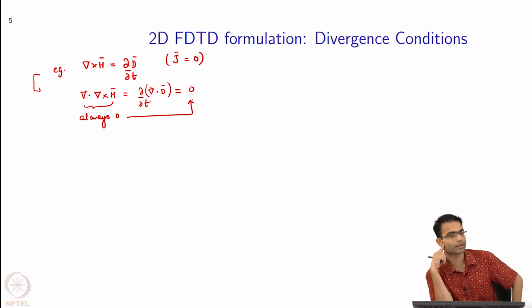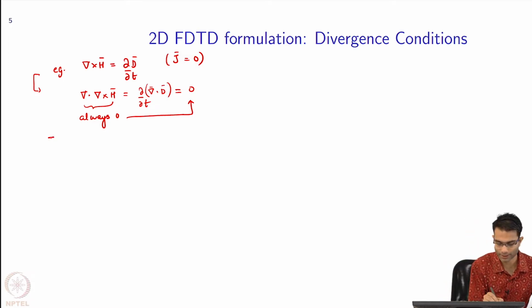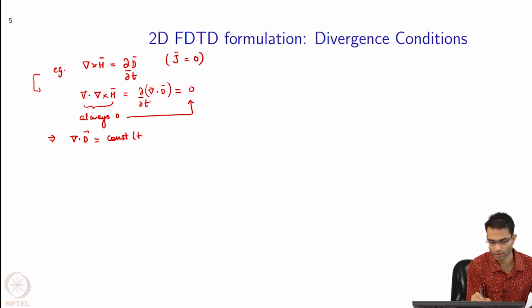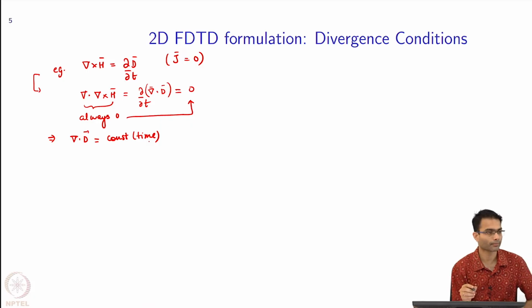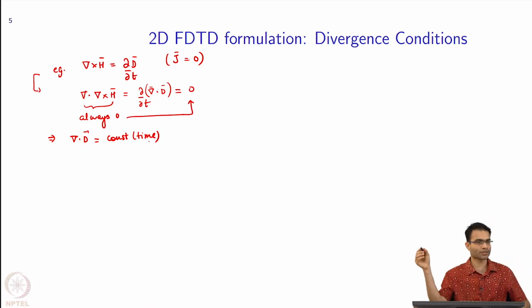What does that tell us about the divergence of D in terms of time? Constant, right? So this implies that divergence of D is constant in time. So for example, if it is 0 to begin with, it will continue to be 0.